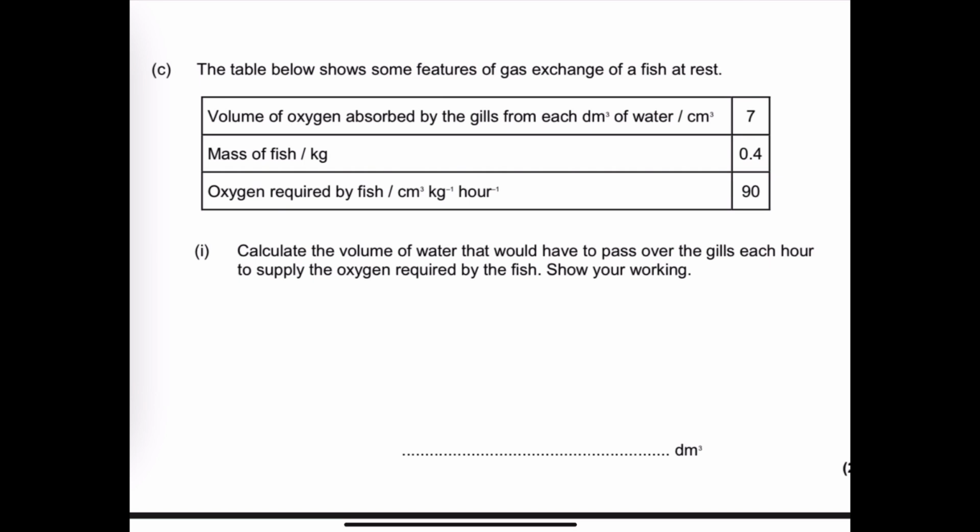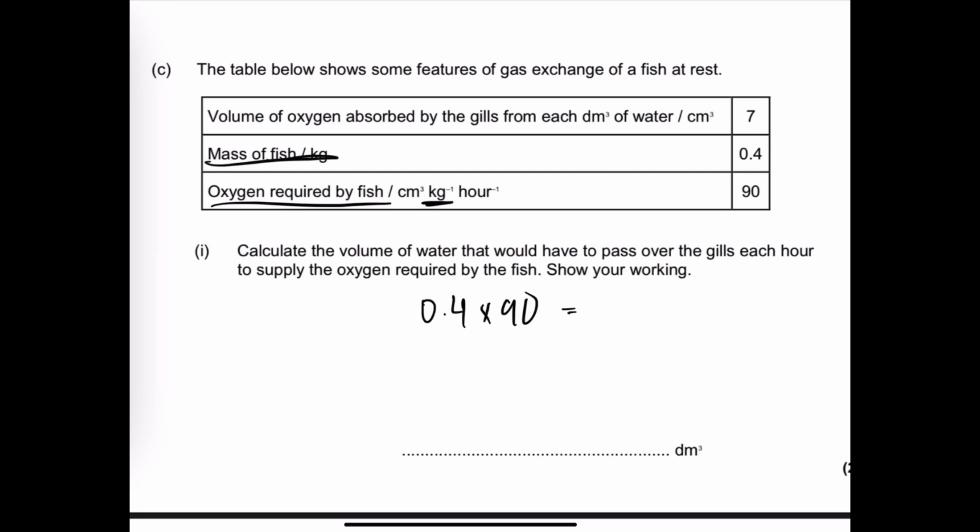So C, the table below shows some features of gas exchange of a fish at rest. Calculate the volume that would have to pass over the gills each hour to supply the oxygen required by the fish. Show your working. So what you basically do is 0.4 times 90, the oxygen required for fish per kilogram. That means we need to times it by the mass.